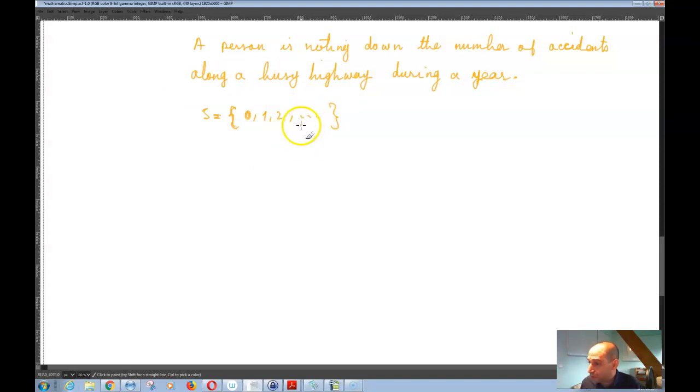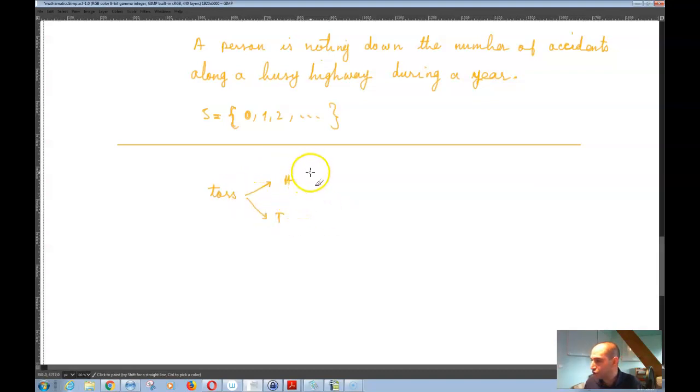Now, example number 4: a coin is tossed. If it shows heads, we draw a ball from a bag consisting of 3 blue and 4 white balls. If it shows tails, we throw a dice. Describe the sample space of this experiment. So you toss the coin, and it could show heads or tails.